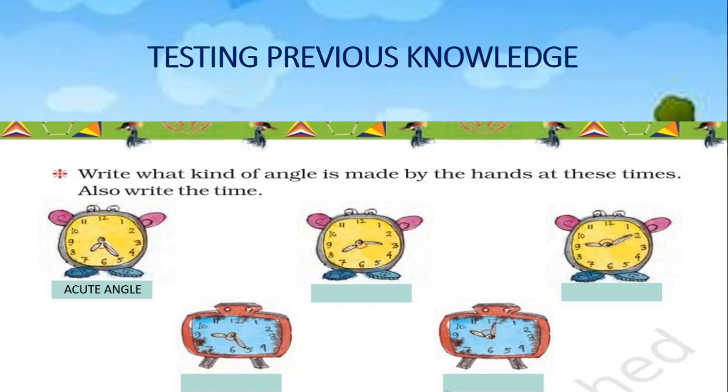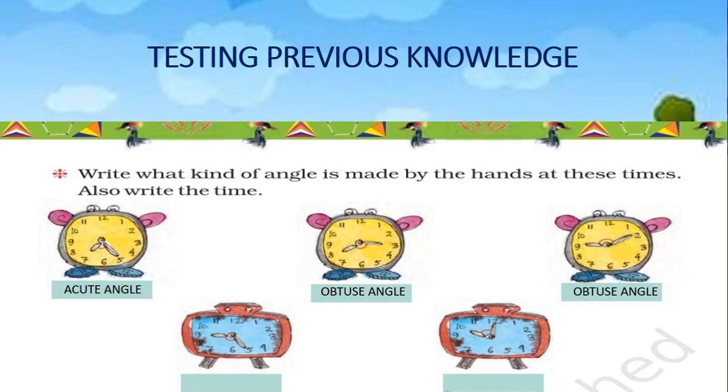Let's move on to the second one. Here the arms are more than L apart. So it is, tell me, an acute? No, it's an obtuse angle. Next, here also the hands are apart more than L. So it's also an obtuse angle.